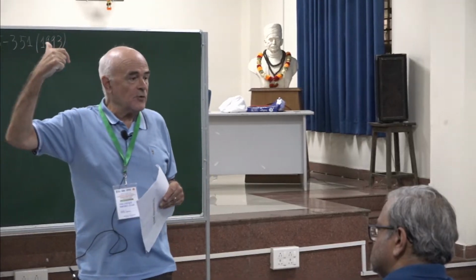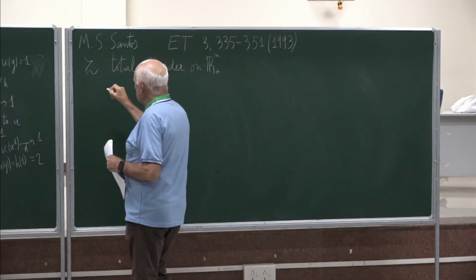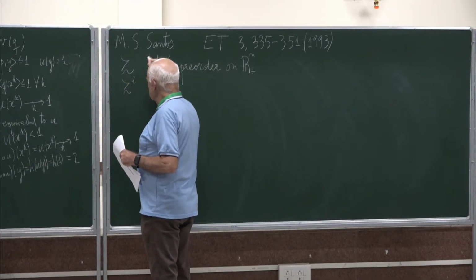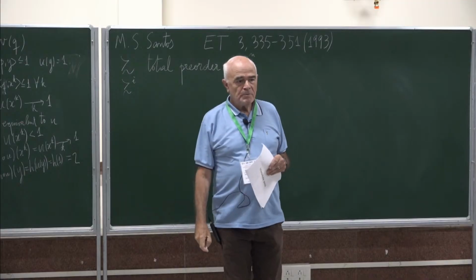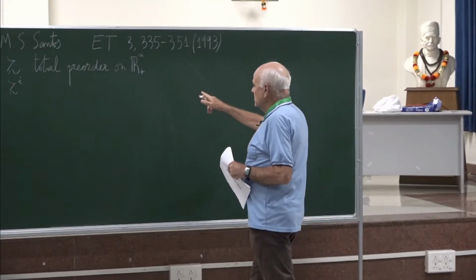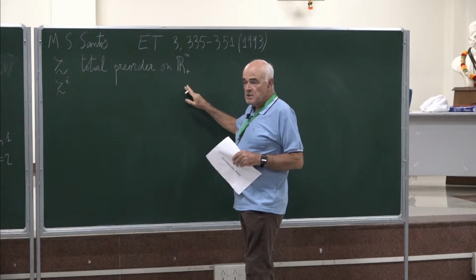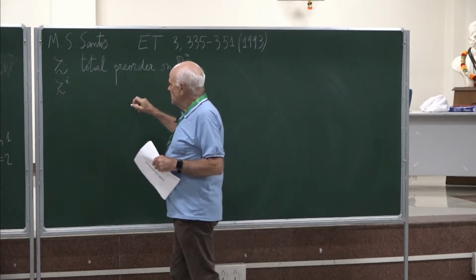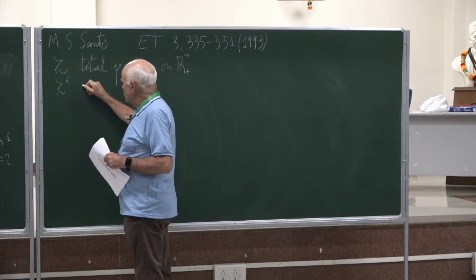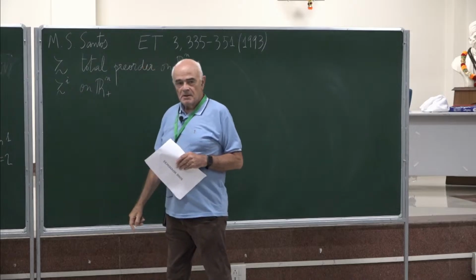Now we have to define the indirect preorder. So this will be a preorder defined on price vectors. But now the space of commodity bundles and the space of price vectors is the same. So it is a relation defined on R plus n as follows.